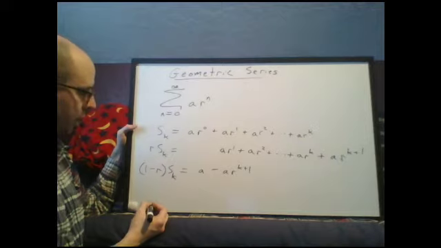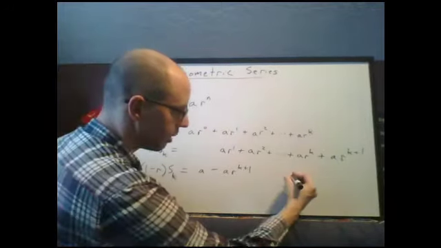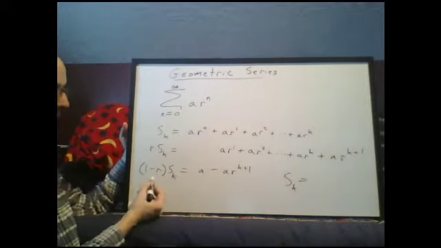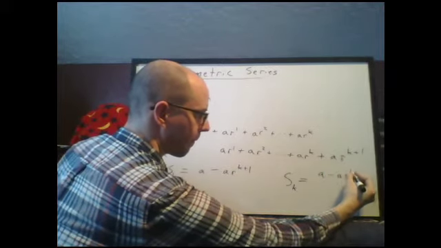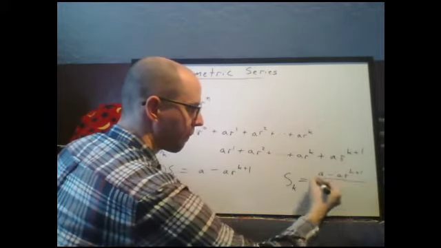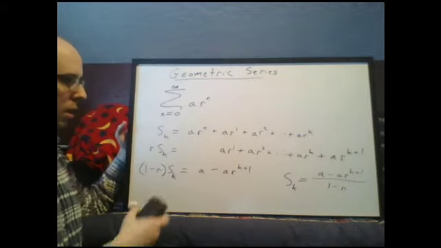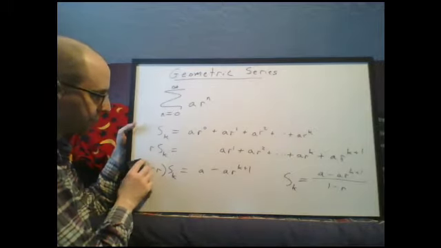So then solving this for sk, I'm going to divide both sides by 1 minus r. And so there's our formula for the partial sum sk.